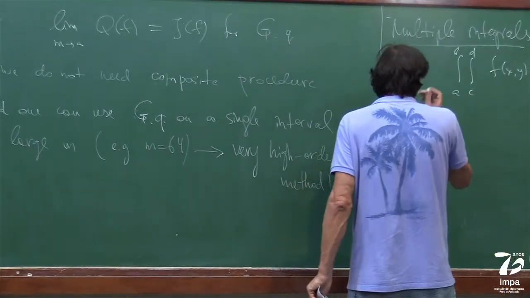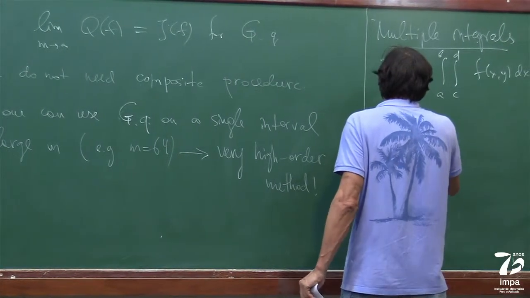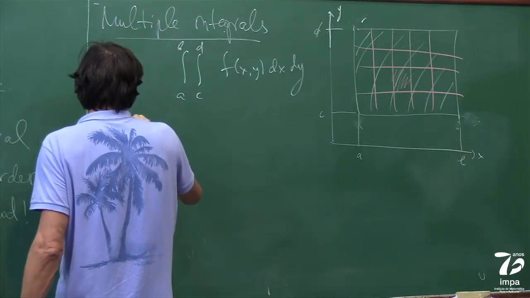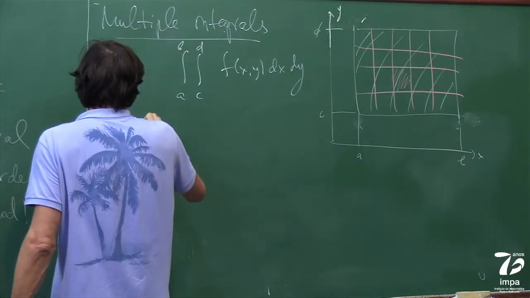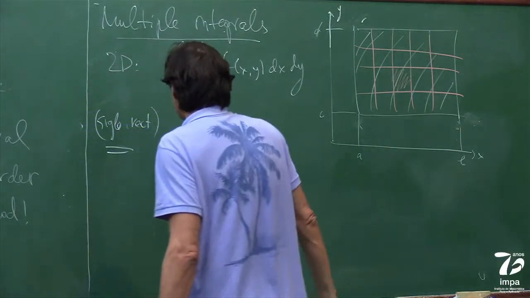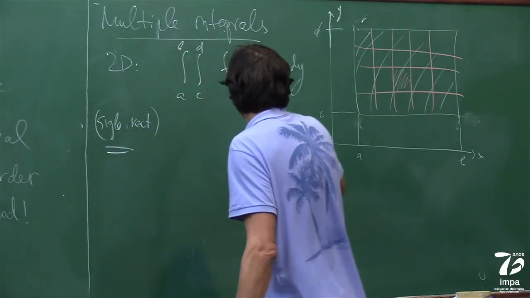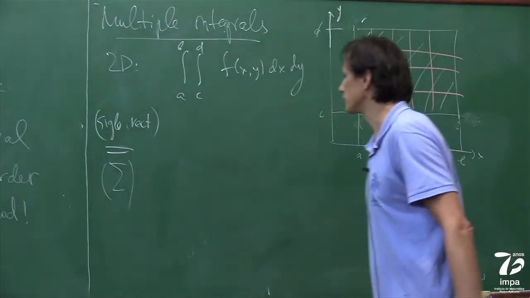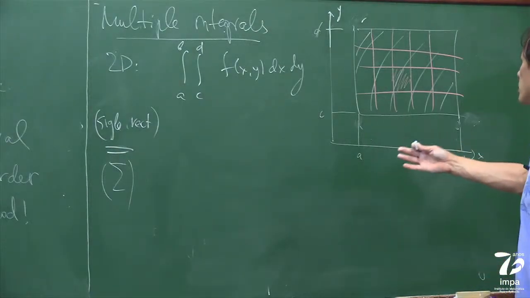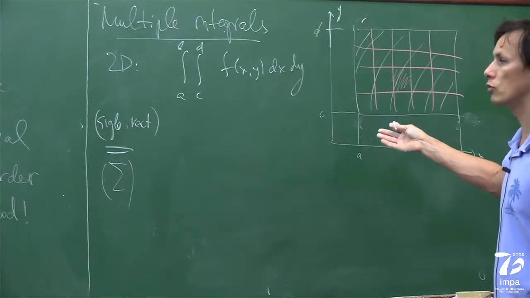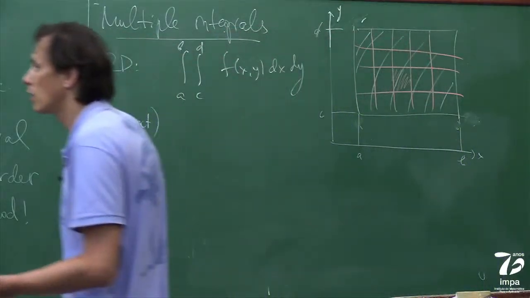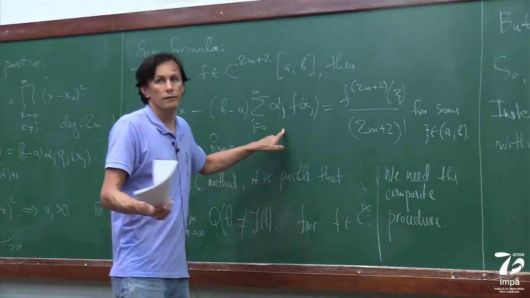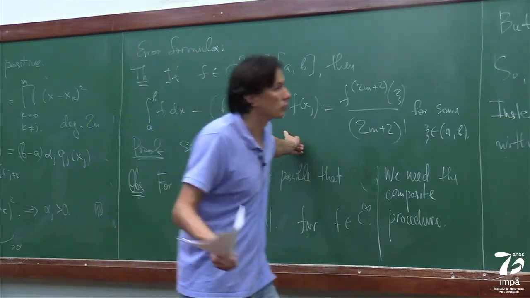So essentially, you sum over the rectangles, and for each rectangle, all you have to do is use this formula for integration with respect to the first variable and with respect to the second variable.